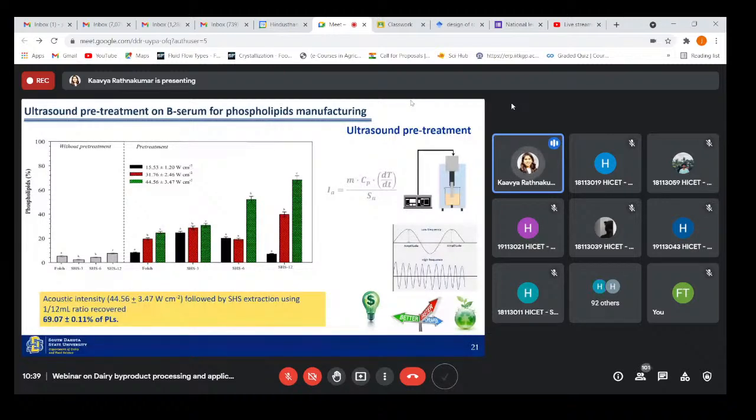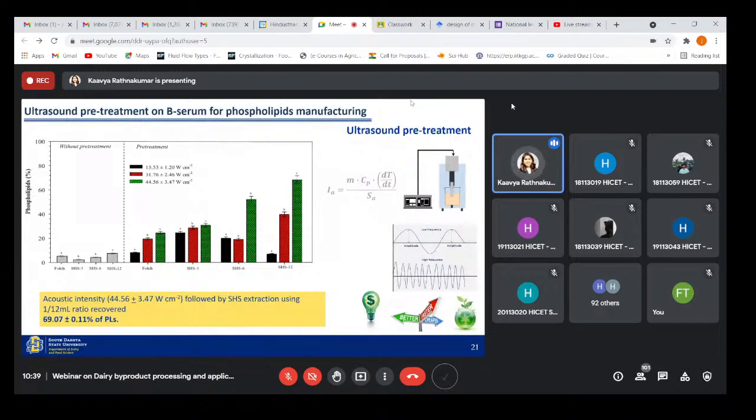Ultrasound has a high frequency and generates sound waves that create turbulence through alternate compression and rarefactions, which helps in breaking down the fat globules. Once it is already broken down, further using the switchable solvent will help in enhancing the extraction efficiency.